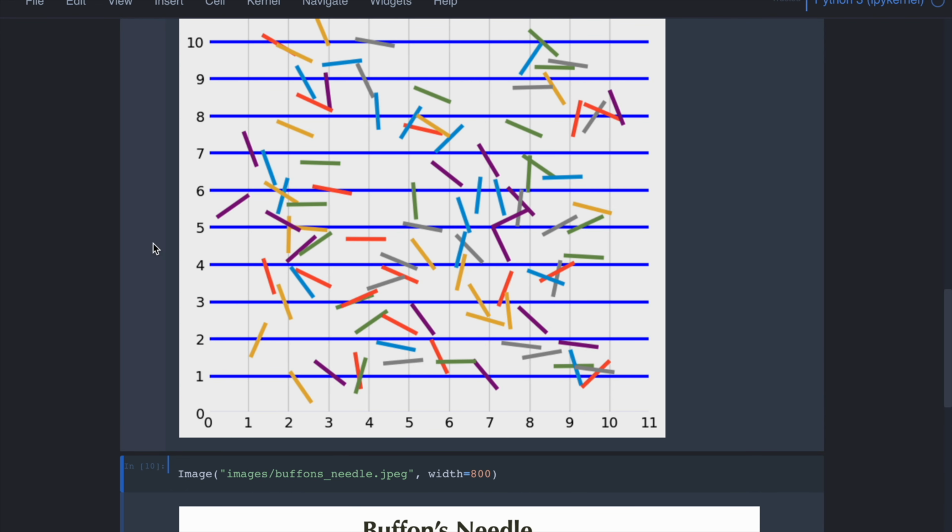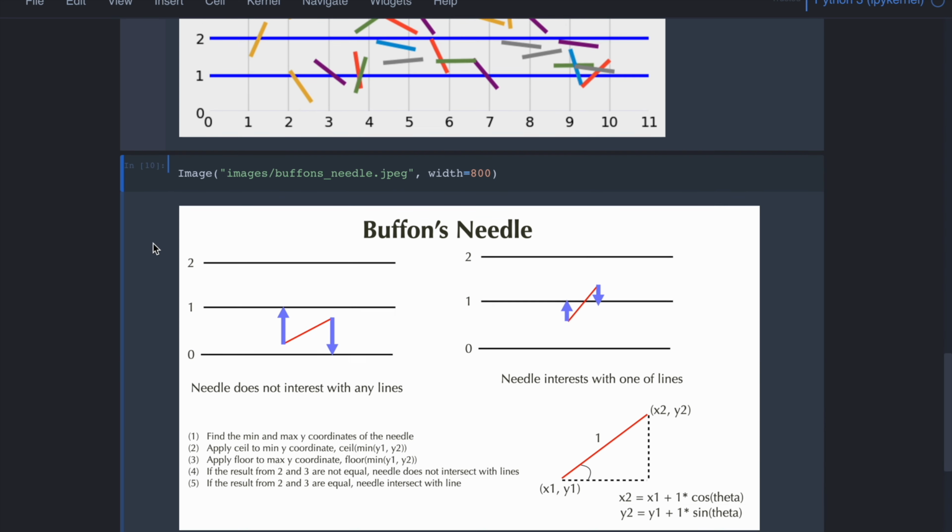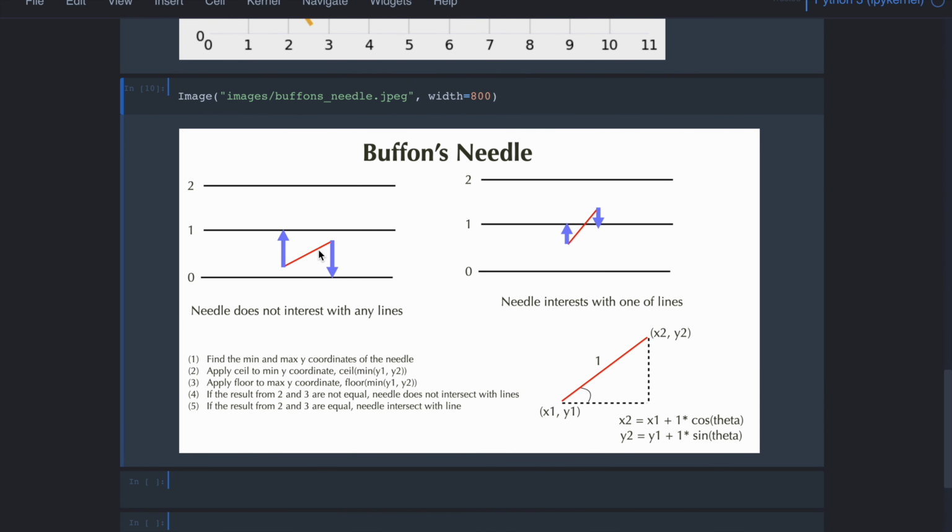It doesn't matter which one is higher or lower, but we take the lower value of y, which let's say in this case happens to be 0.3. So if this is 0 and this is 1, let's say 0.3. Now we apply ceil, which means we are rounding it up to the nearest integer on the higher side.